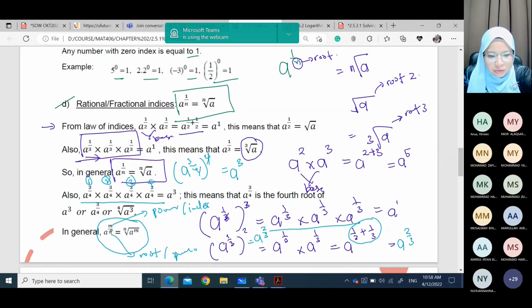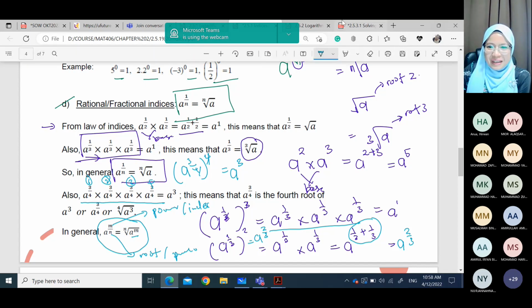Okay. So make sure bila kita ada indeks yang macam ni, a to the power of m over n, it is equivalent with a to the power of m root of n. Yang atas ni adalah power, yang bawah ni adalah root ataupun punca. Okay? Jelas? Any question?